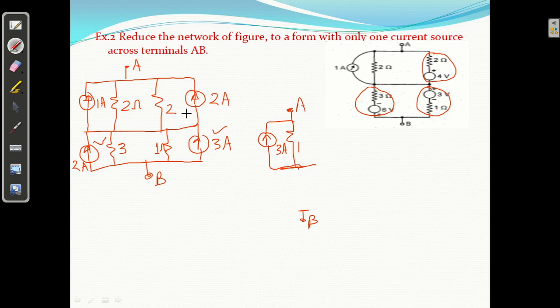Similarly here 2 and 3 parallel, so you can add, it will be 2 plus 3, 5 ampere. Clear? And 3 and 1 parallel, 3 into 1, 3 upon 4, 0.75 ohm.